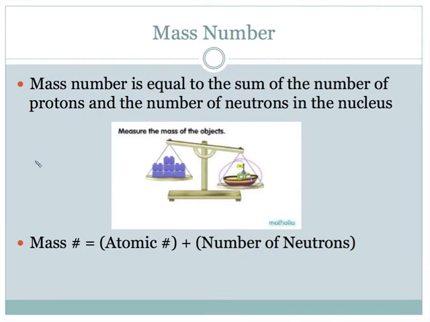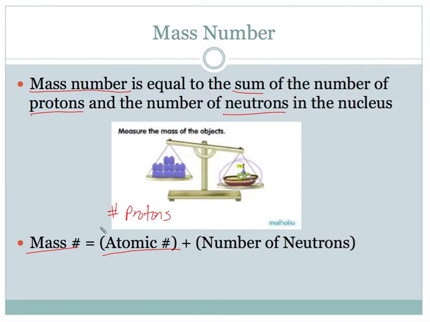All right, now we're going to talk about mass number. When we talk about the mass of an atom, the mass number of an atom is equal to the sum, which means addition, of the number of protons and the number of neutrons found in the nucleus. So down here is your equation. Mass number equals atomic number, which is number of protons, plus your number of neutrons.